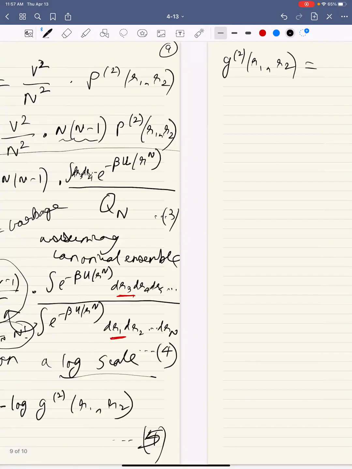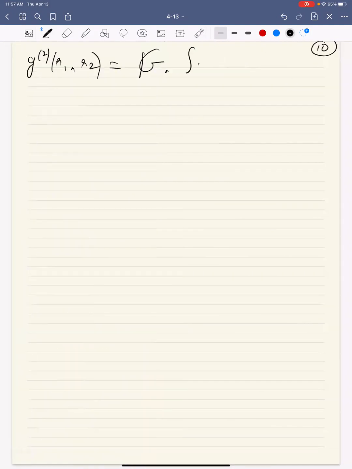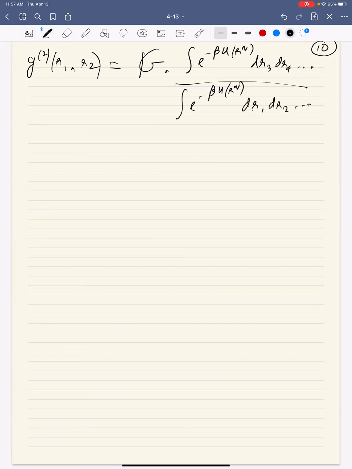So equation 4 is going to be G2 of R1, R2 is fancy garbage multiplied by the integral of e to the power minus beta u of Rn dr3 dr4 divided by the integral of e to the power minus beta u of Rn dr1 dr2. Okay, and we take its log.